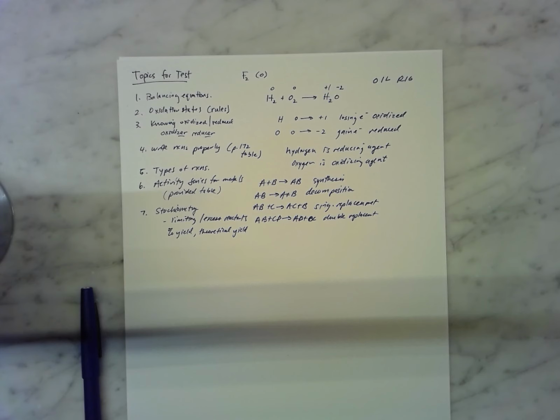Or maybe we can even predict what it produces based on the activity series. We can do a lot with this stuff that we couldn't really before. And for sure, if we know what the reactants and products are, we can predict how much should be produced and how well we're doing at producing those based on stoichiometry now.